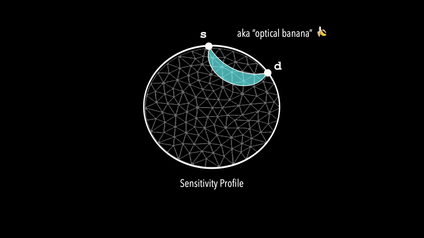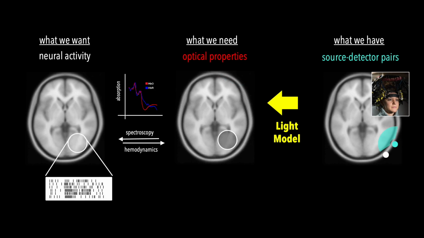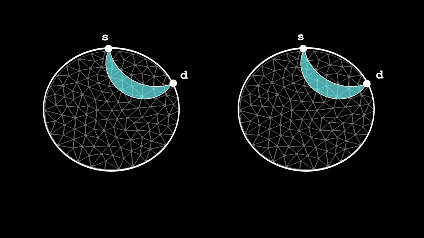The optical banana is a handy visual aid for demonstrating how the regularized reconstruction is generated. Recall that we need to determine changes in tissue optical properties. Our data are pairs of source detector light measurements, and because we are assuming CW acquisition, only changes in absorption are relevant. Consider the effect on a given source detector pair measurement of a small change in absorption at a few node locations.